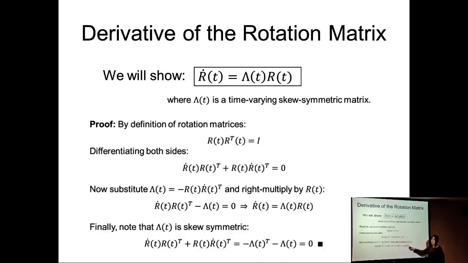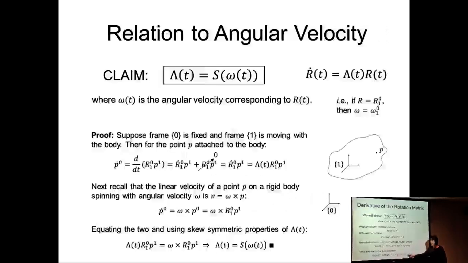When we post-multiply the lambda by R, we end up with lambda R. So we end up with R dot is indeed equal to lambda times R of t. And now we'll show that lambda is indeed a skew-symmetric matrix. So we start with this expression over here that we got from differentiating this term. This becomes a negative lambda transpose. This becomes a negative lambda. We bring the lambda to the other side, and you see that negative lambda transpose equals lambda, a skew-symmetric matrix.